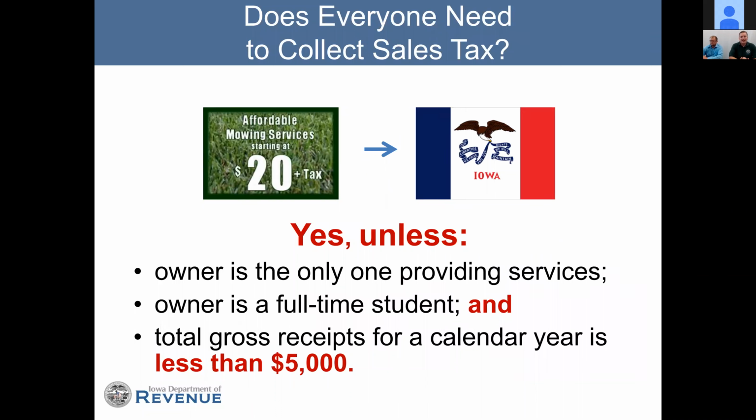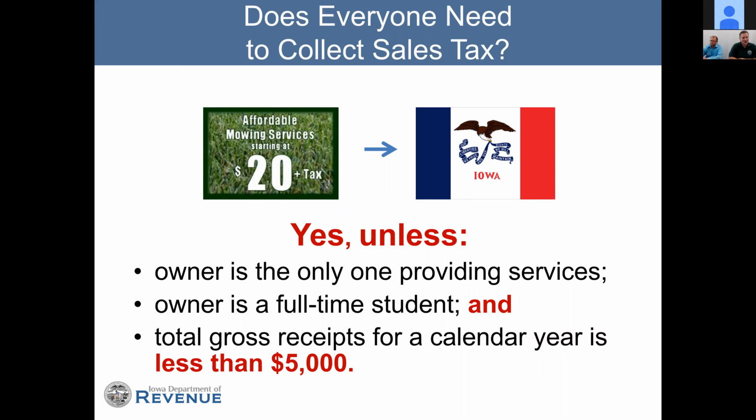Does everybody have to collect sales tax when they're doing lawn care work for taxable customers? Well, maybe. Generally, yes. However, there is an exception. If the owner is the only one providing the services, they are a full-time student, and their total gross receipts for the calendar year are less than $5,000, they do not have to collect tax.